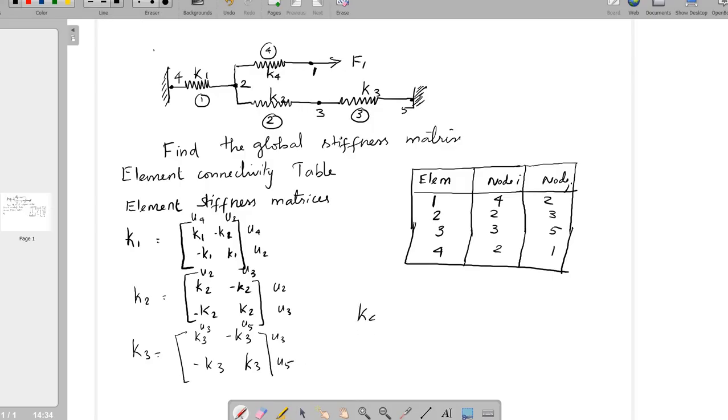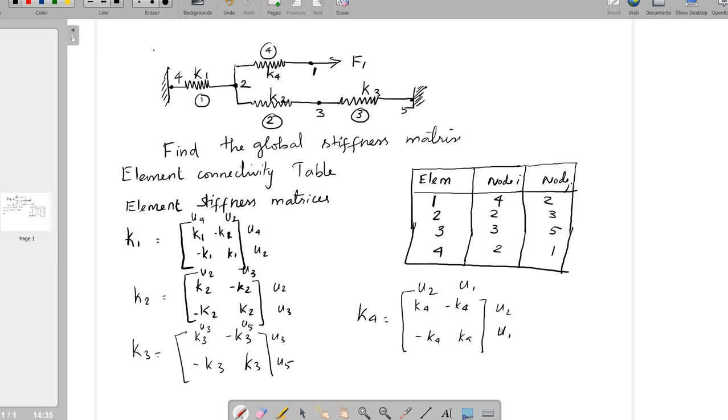And K4 stiffness matrix is K4, minus K4, minus K4 and K4 for the nodal displacements of U2, U1, U2, U1.